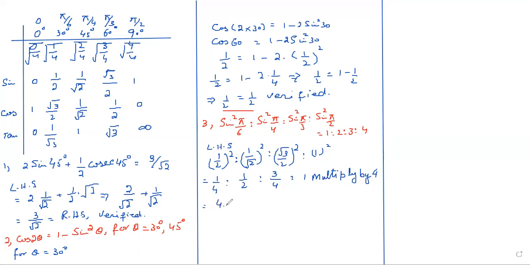So it would be 4 times 1 over 4, 4 times 1 over 2, 4 times 3 over 4 and 4 times 1. So 4 got cancelled here, 4 got cancelled here. This is 2. So it would be 1, it would be 2, it would be 3, and it would be 4, which is equal to right hand side. And the question is verified.